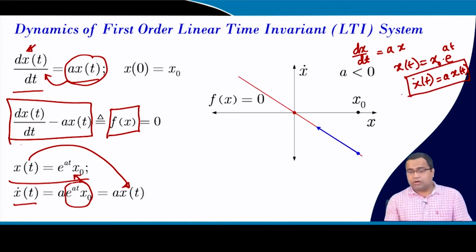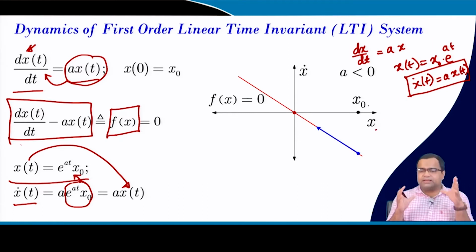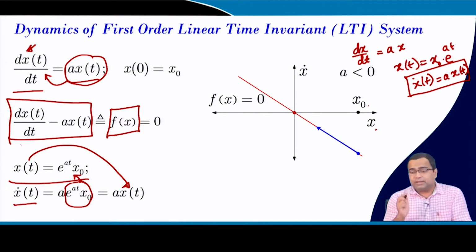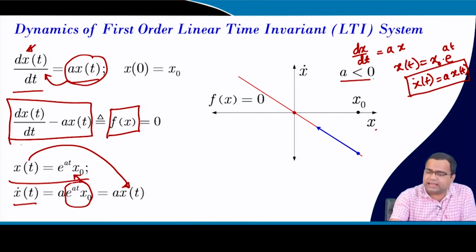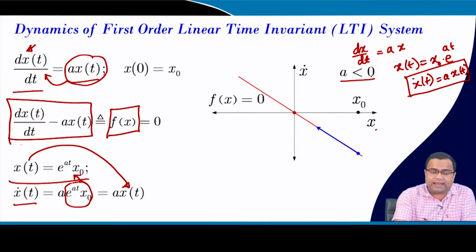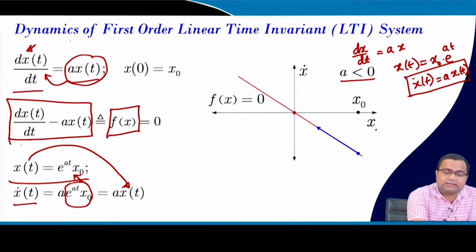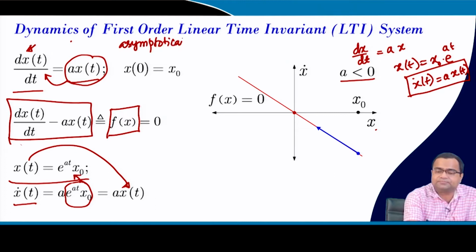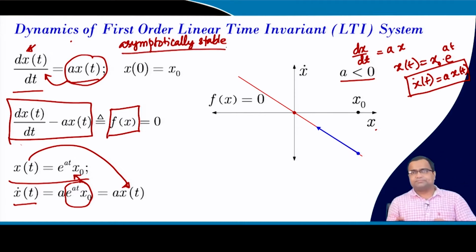So, we want to draw the state space form, that means the x and x dot plane, right. So, in this plane, if we consider initially A to be negative, then we know that for this system, it will be asymptotically stable, because A here acts like an eigenvalue, because it is a first order system.